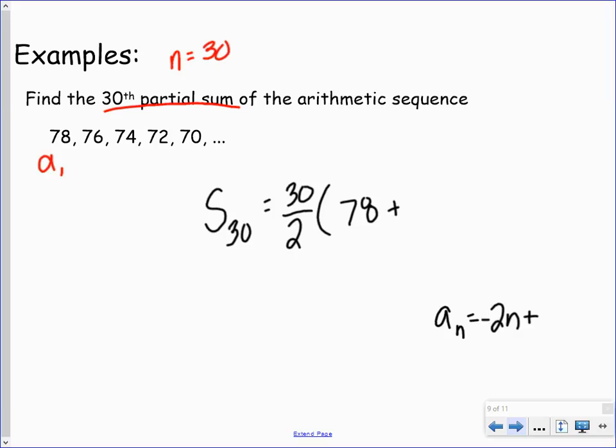What will I have to add to negative 2 to get 78? Plus 80. So then I can use that to find my 30th term. And that should be 60. And I can plug that in right there. No, 20. Whew. Sorry. That's the first time I made that mistake.